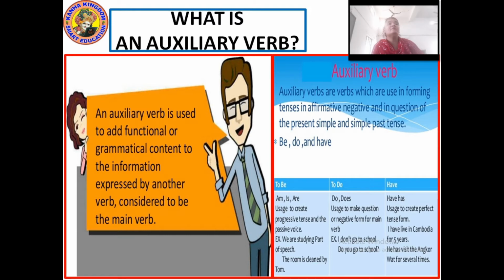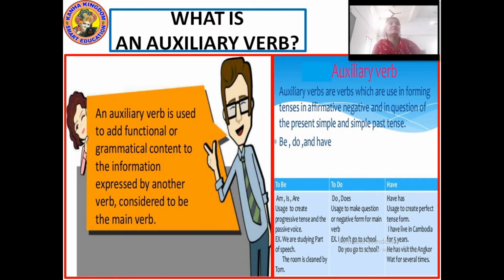The auxiliary verbs add functional and grammatical content. In a sentence, the main verb cannot always complete the sentence on its own. At that time, the auxiliary verb is compulsory and necessary. That's why it is used.